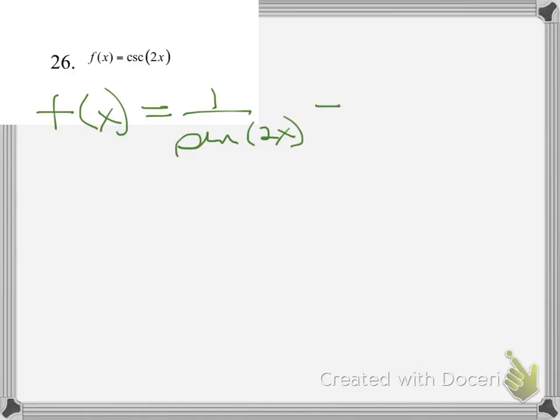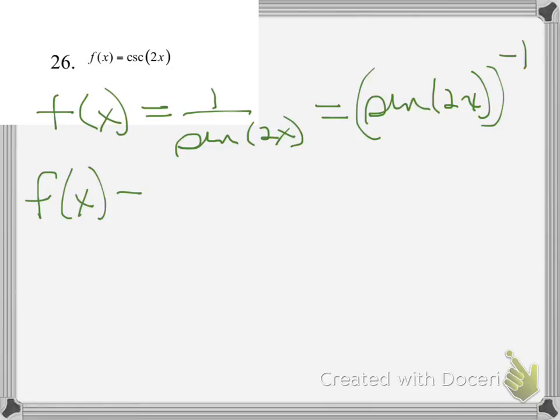So then that means I could write this as sine 2x raised to the negative 1 power. So really, that is your function that you will now take the derivative of. So let's start out with that function as opposed to starting out with cosecant 2x.